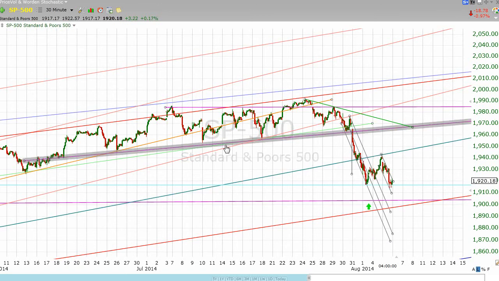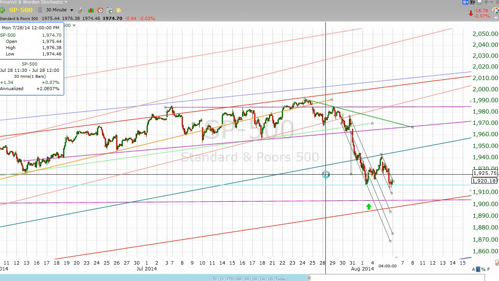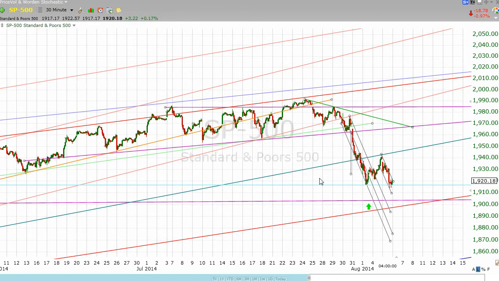When we measure the height of our little topping pattern right here, it's almost a triple top, not quite, but if we measure it at its highest spot and add that to where the breakdown took place, you can see that the minimum target from this was about 1926. That's a done deal. But we went a little further.